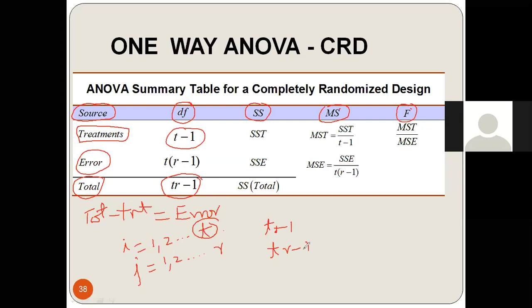Then if you deduct the treatment degrees of freedom, t minus 1, from that, you get tr minus 1 minus t plus 1. So this one will cancel off. So we can say t into r minus 1.